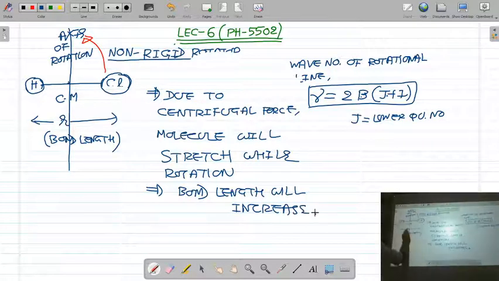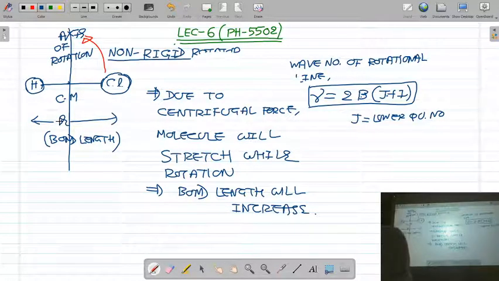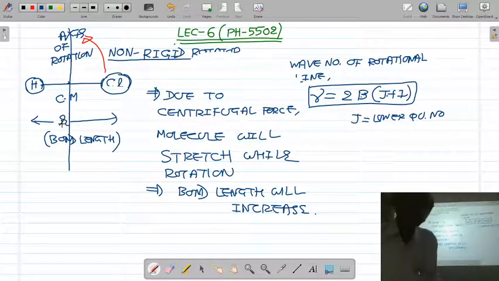If the bond length R is increasing, then the molecule will not behave as a rigid rotator, but as a non-rigid rotator, because the bond length R is not constant now. Because of the centrifugal force acting on the molecule, it will stretch, and if the molecule stretches, the bond length or internuclear distance R will increase. This stretching, or bond length R, increases with increasing rotation of the molecule.